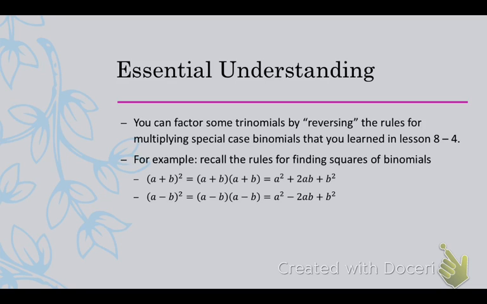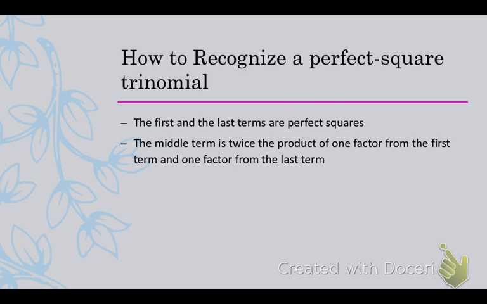And a minus b squared becomes a minus b times a minus b, which is a squared minus 2ab plus b squared. This is going to really help you for going backwards. So if you write these down, that'd be great.